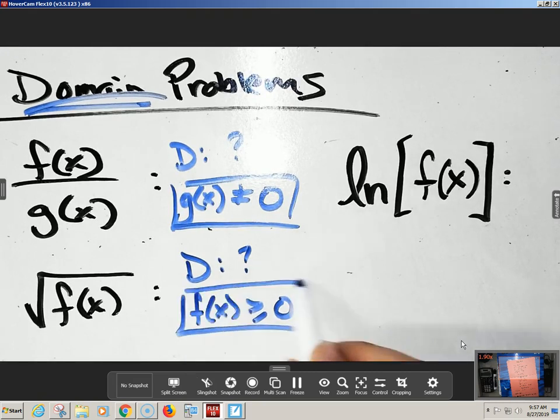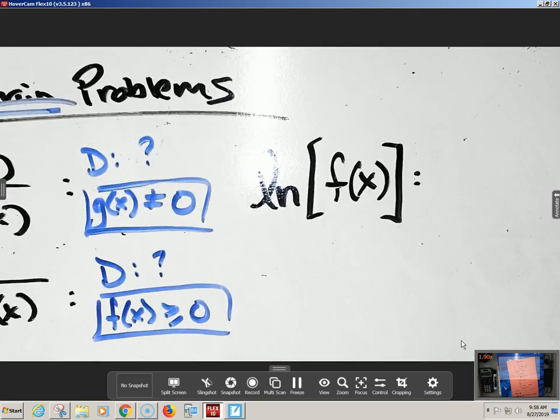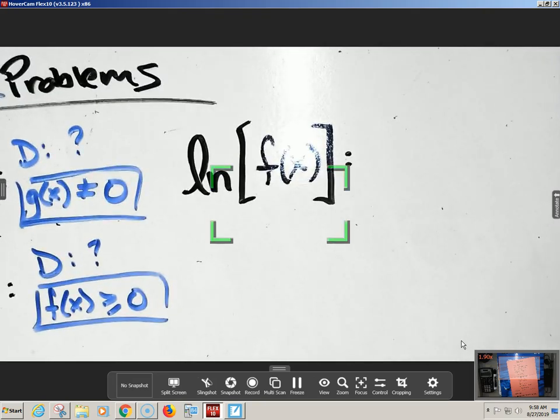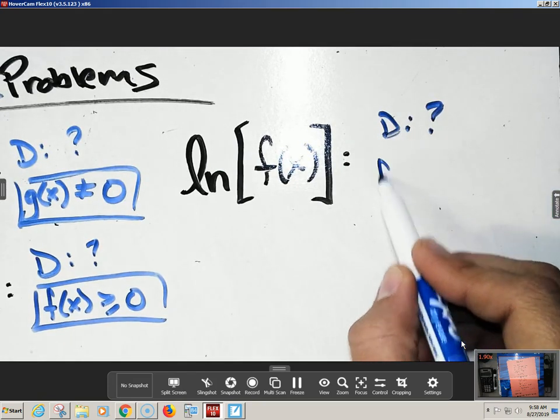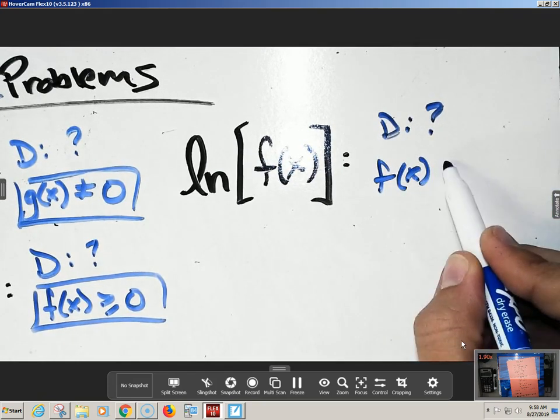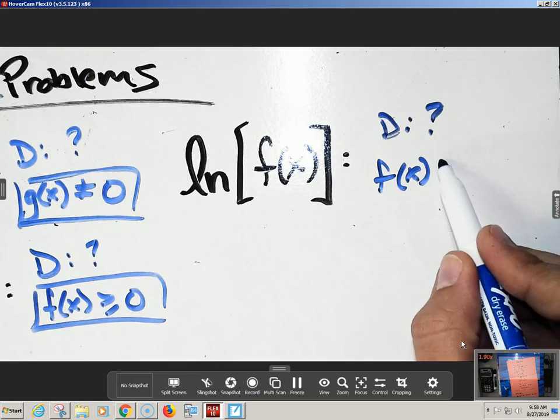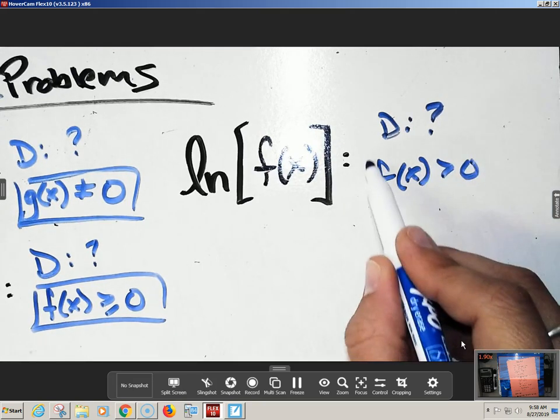AKA, you can't have negatives under an even root, right? So it has to stay positive, and that's a greater than or equal to 0. And then for ln's, what was true about ln's? I know we haven't done logarithms, but do you remember? Domain has to be greater than 0. Domain is going to be found by setting the argument greater than 0.